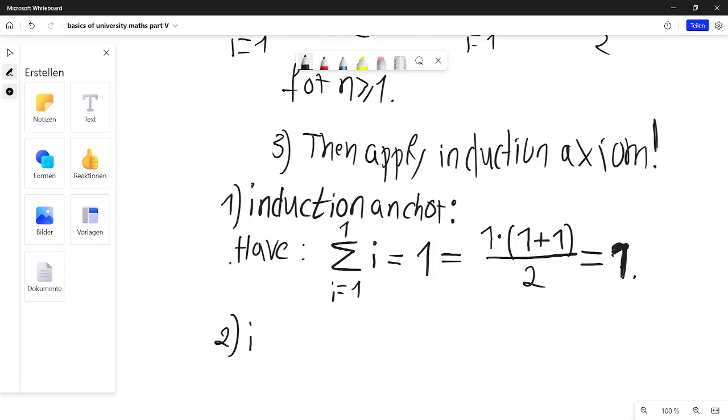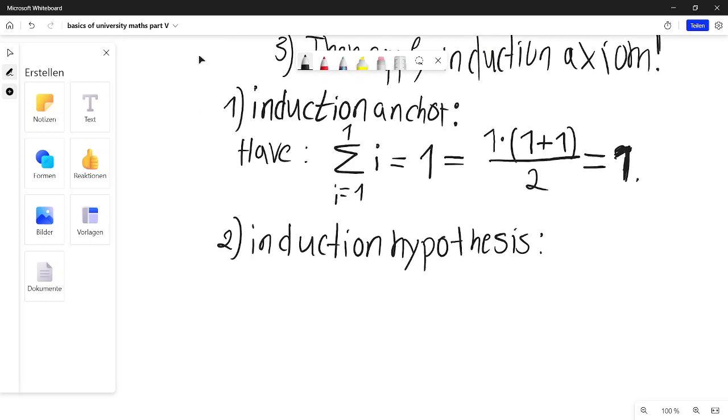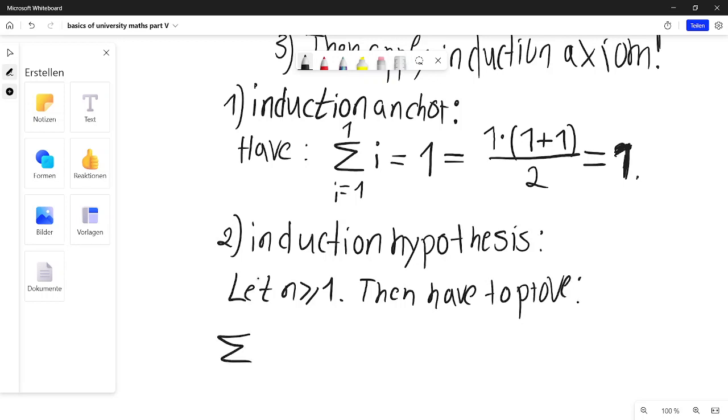Okay, and the induction hypothesis. That implication step is called establishing the induction hypothesis. Let n be bigger or equal to 1. Then we have to prove the induction hypothesis, and that amounts to proving it for any n, right?